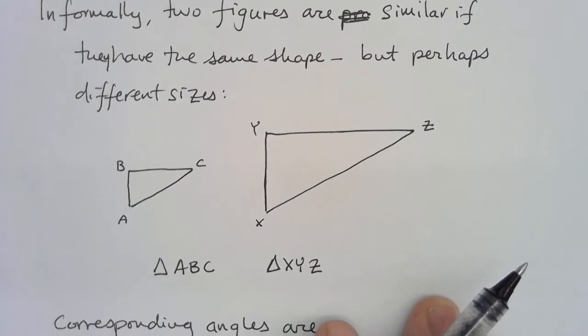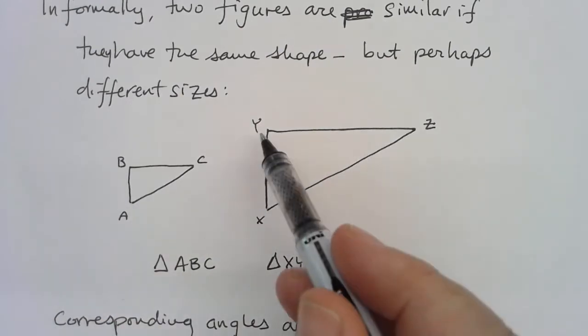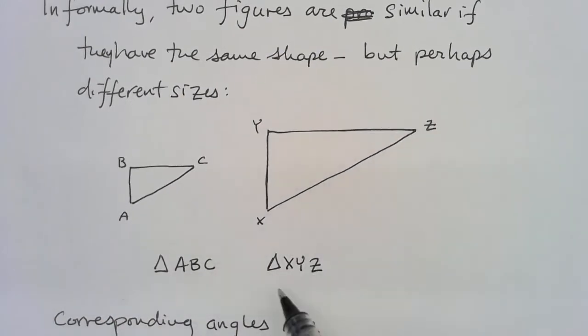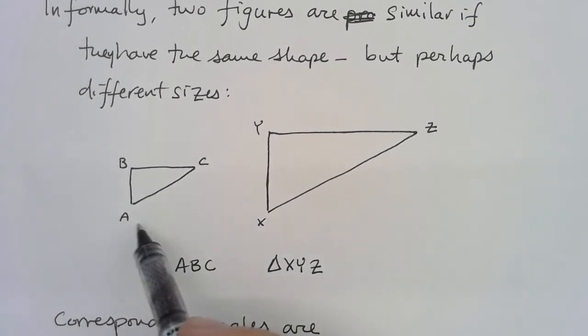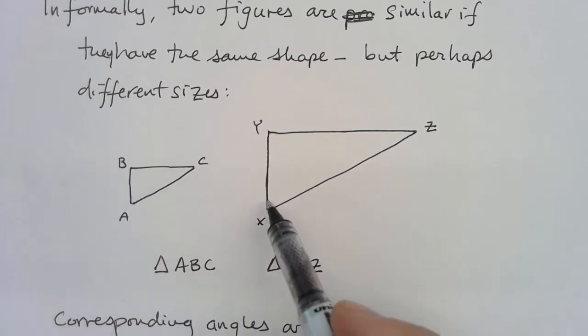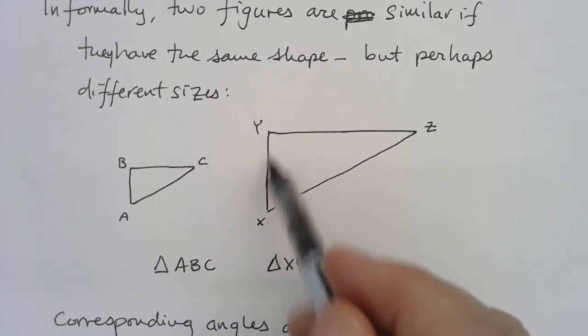The notation for similarity is a lot like the notation for congruence. Here I have triangle ABC, and I'm going to say it's similar to triangle XYZ, and the order here is important. Just as with congruence, the order shows how they correspond. It shows that angle A is going to be the same as angle X. It's going to show that AB corresponds with XY.